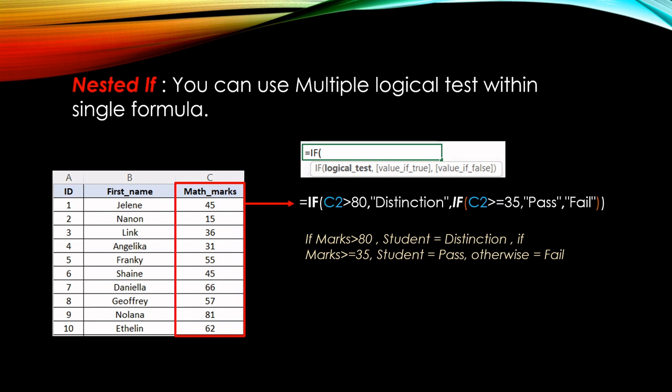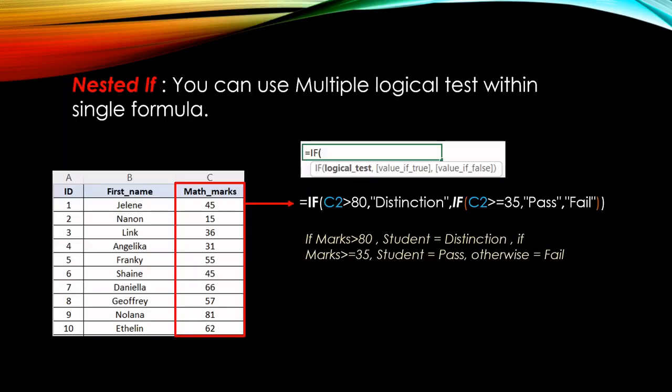Otherwise, move on. If you get to the end and you have marks which are less than 35, like 15, both of these are going to evaluate false, and your cell is going to return the value if false, which is fail.